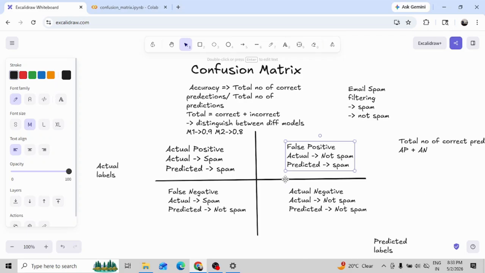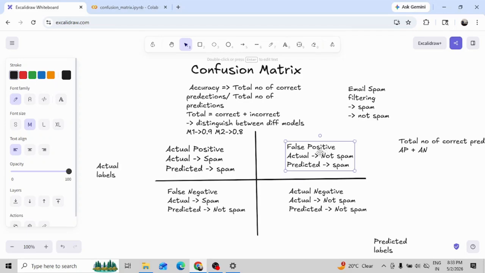Now, moving towards false negative: the email is actually a spam, but the machine wrongly predicted that it is not a spam. This is what is meant by false negative. In the second and fourth quadrants, the machine is giving inaccurate predictions.